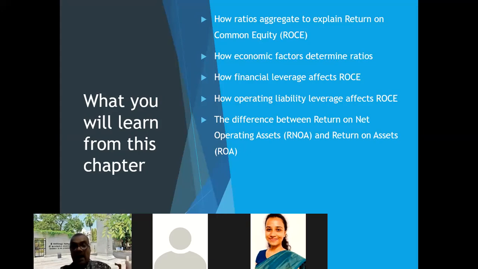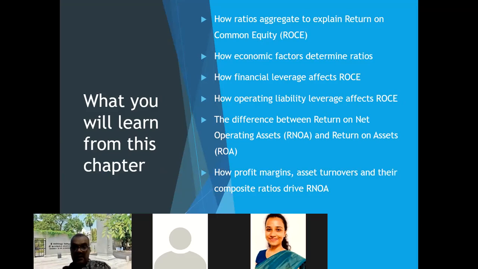Therefore, the ability of generating future economic benefits or expected return by using operating assets is totally different from the return that you would expect from financial assets. If you lend out, you would be guaranteed a fixed interest. You can't have access to extraordinary return.